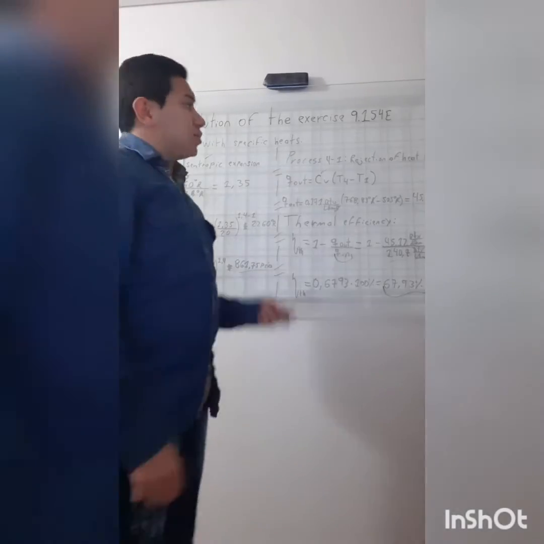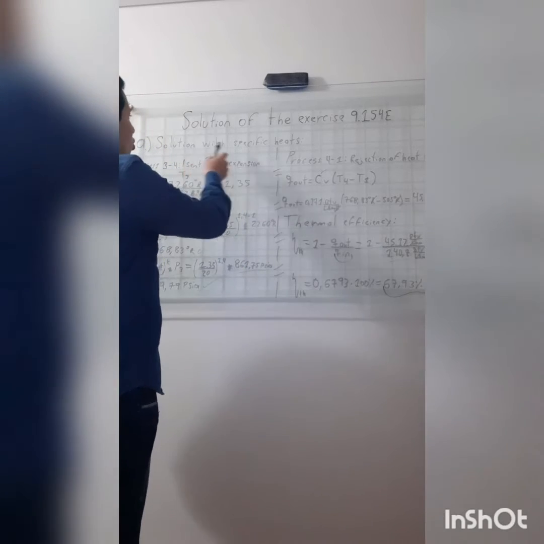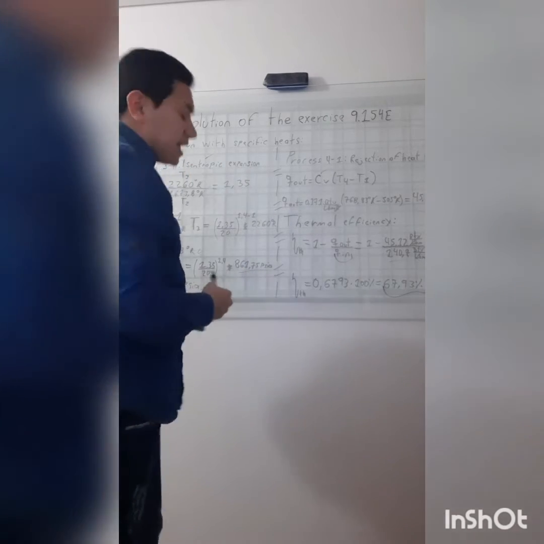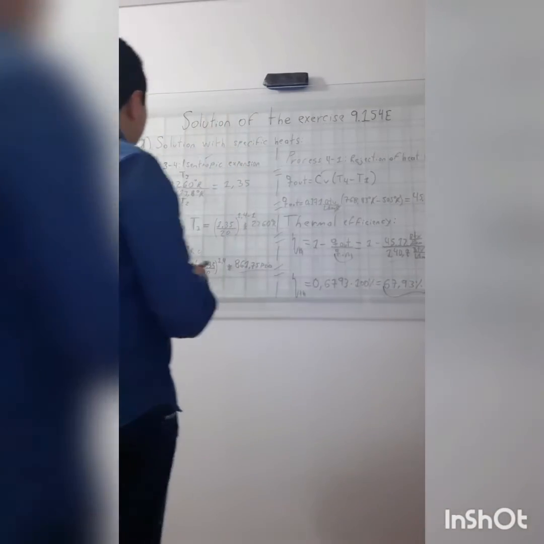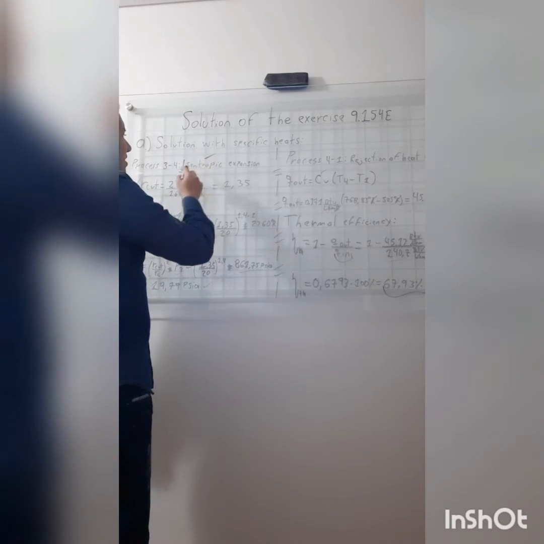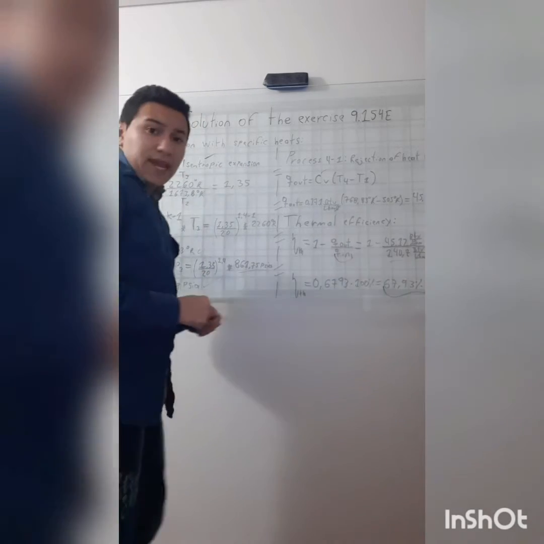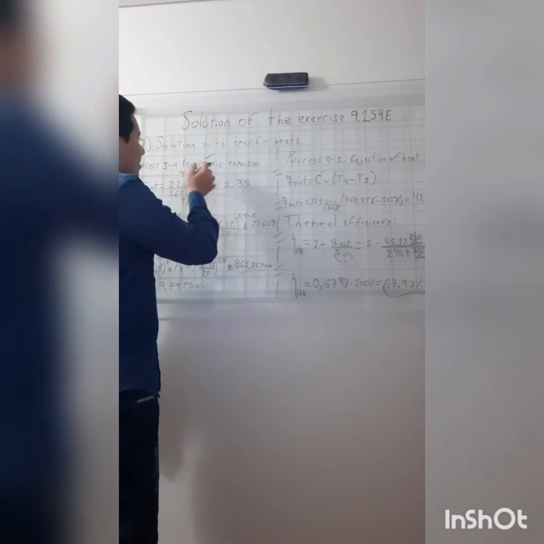Well, to conclude the solution with constant specific heats, with process 3 to 4, that is the isentropic expansion process. Remember the diagram. And why isentropic?